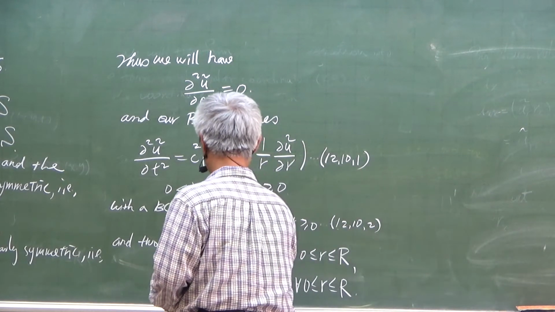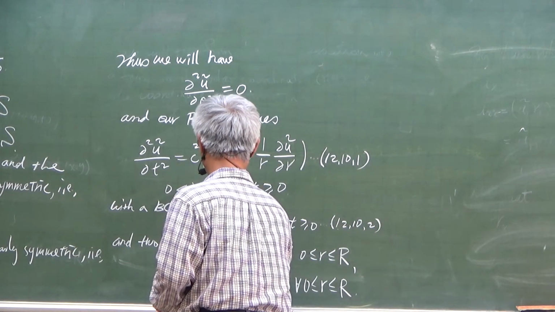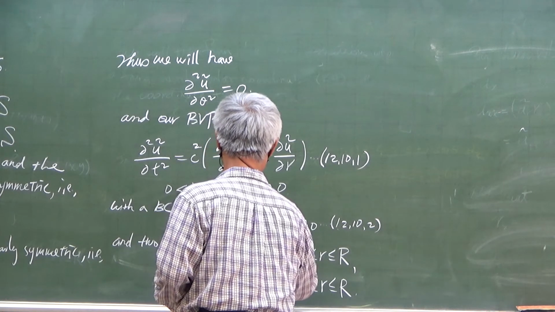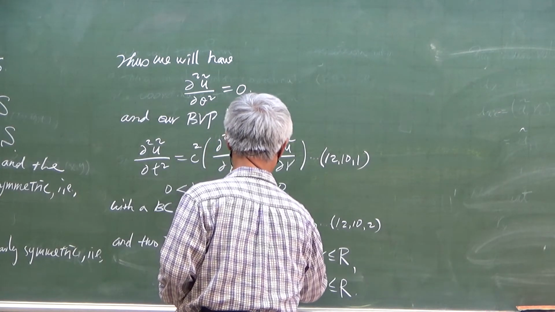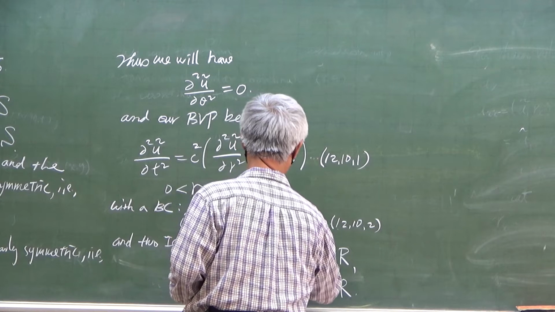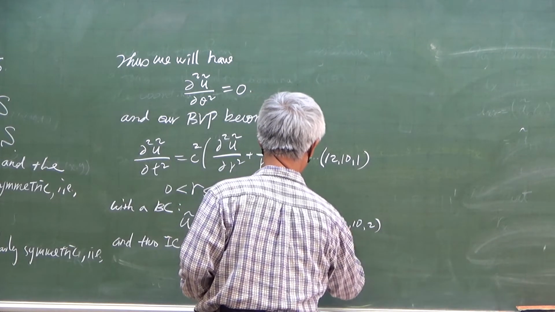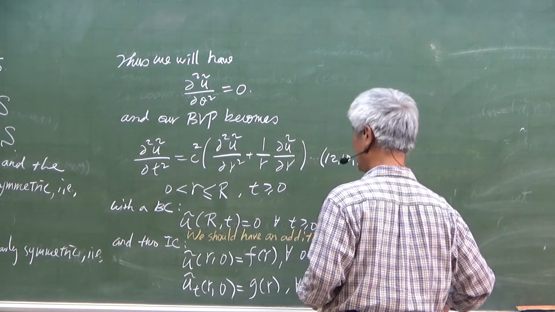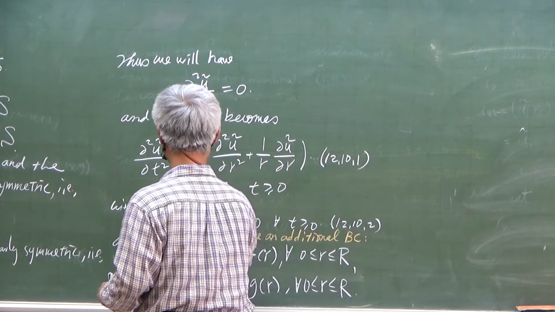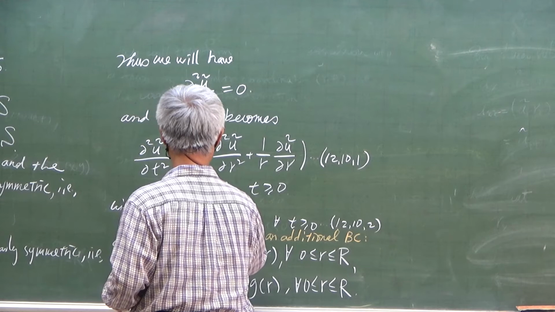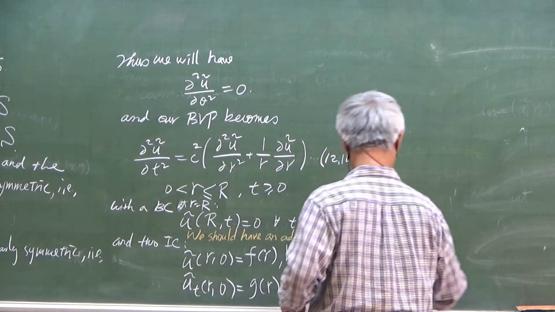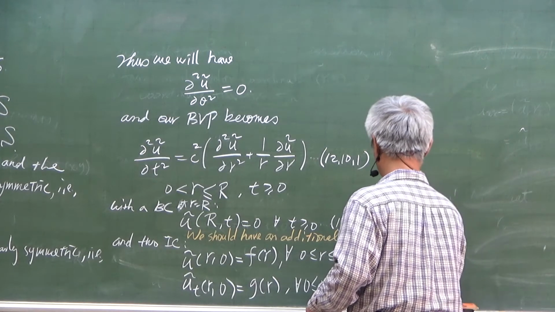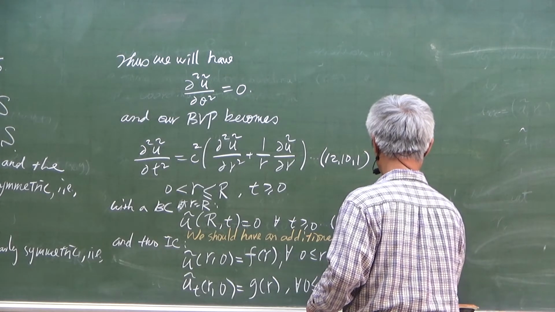Well, we should have an additional boundary condition. So this is a boundary condition at r equal to R. Now an additional boundary condition at r equal to 0. What is that?